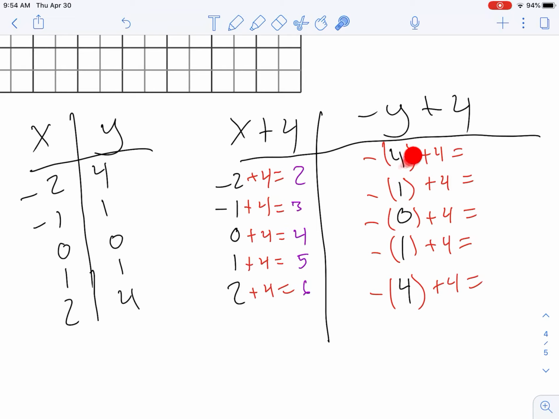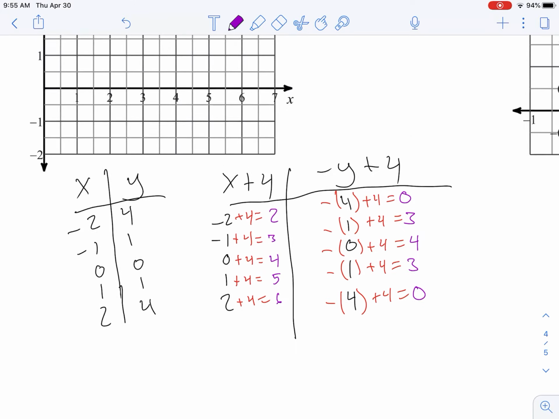So the opposite of 4 is -4, plus 4 is 0. The opposite of 1 is -1, plus 4 is 3. The opposite of 0 is 0 still, plus 4 is 4. The opposite of positive 1 is -1, plus 4 is 3. And -4 plus 4 is 0. So I'm just calculating those out.